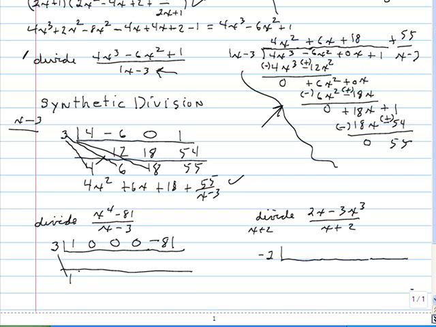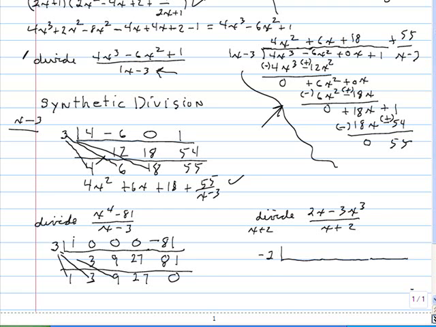Multiply by the 3, write it here, and add. Multiply by the bottom number, write it here, and add. Multiply the 3 by the bottom number, write it here, and add. Multiply the 3 by the bottom number, write it here, and add.